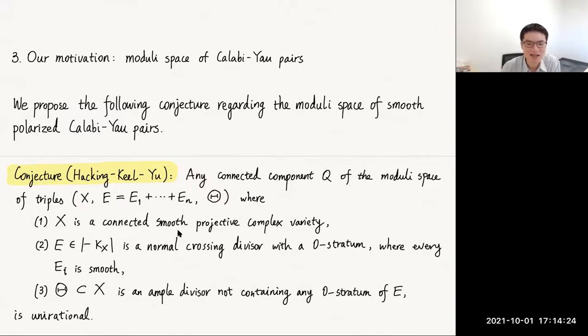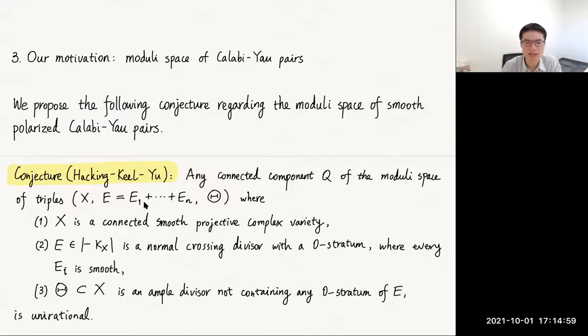X is a connected smooth projective variety, and E is an anticanonical divisor which is normal crossing with a zero stratum. Zero stratum just means that I have many irreducible components intersecting at a point. And also we assume each piece is smooth. Furthermore, theta is an ample divisor not containing any zero stratum of E.